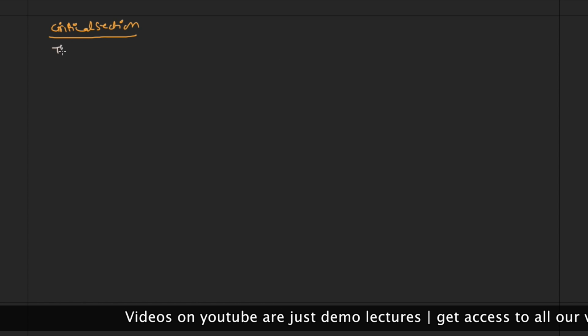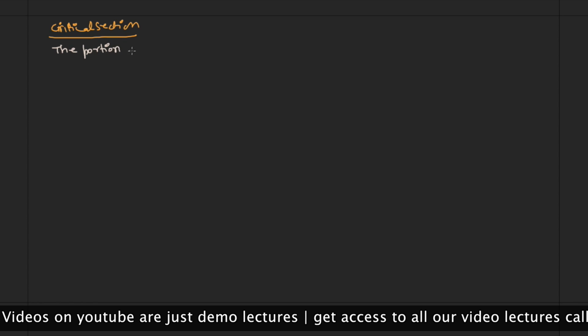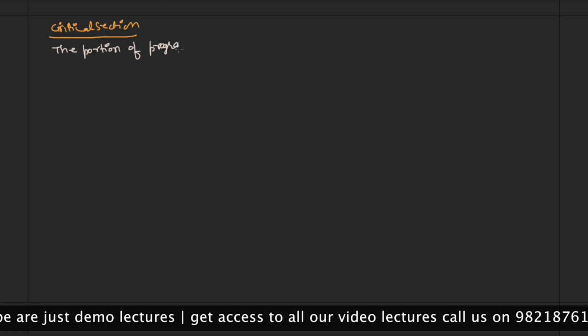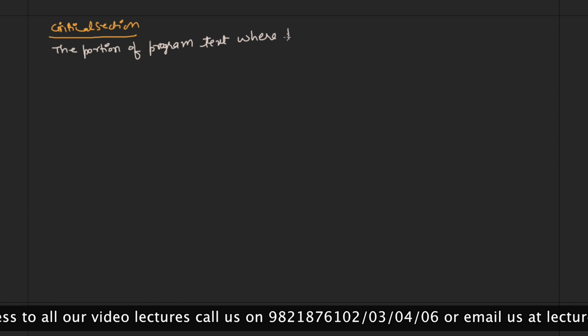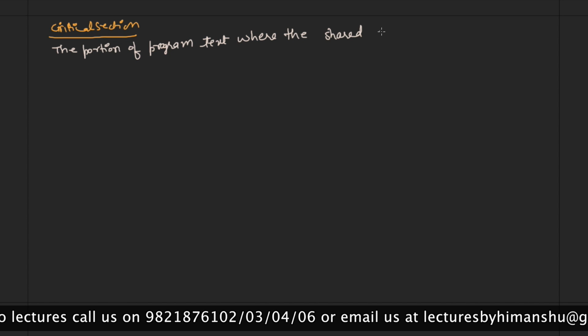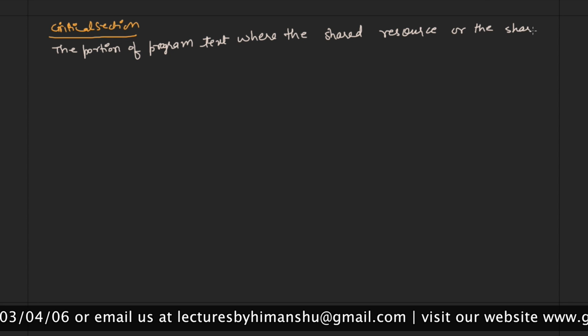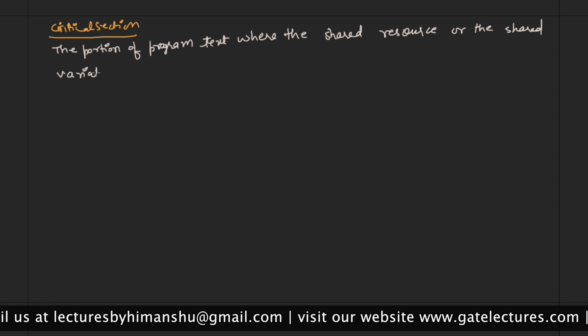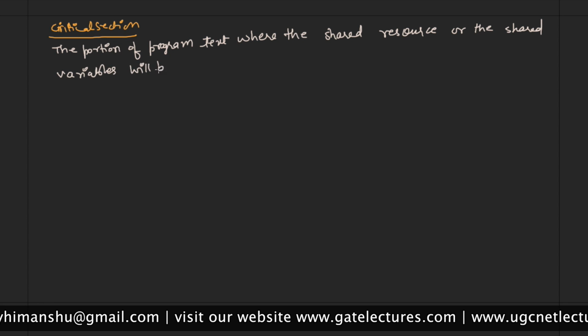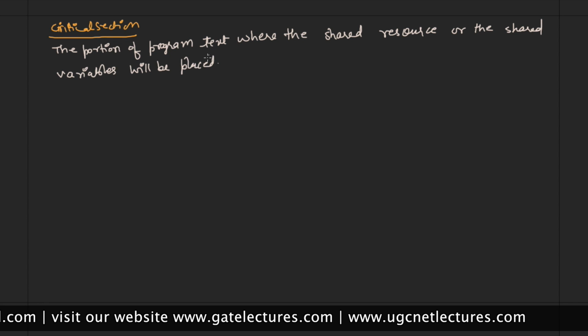You can say it is the portion of the program text where the shared resource or the shared variables will be placed. That is called a critical section.